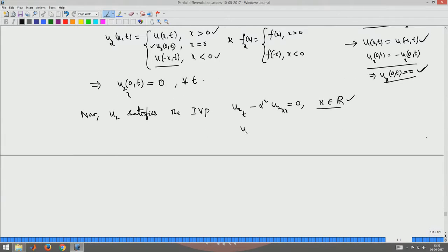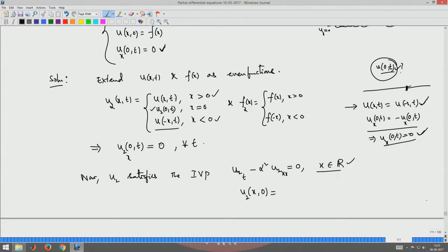And what is the initial data? What is u2 at x equal to 0? u(x,0) is f(x) for x positive, and for x negative, u(-x,0) means f(-x). So this is nothing but your f2 of x. At x equal to 0 it is still some constant, u2(0,0), and you do not know exactly what it is.